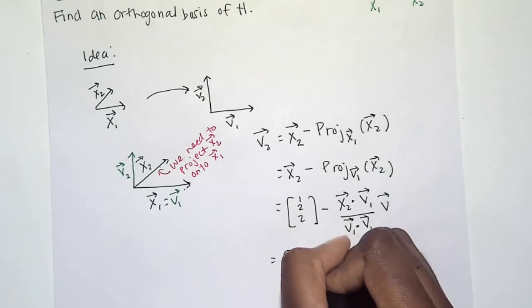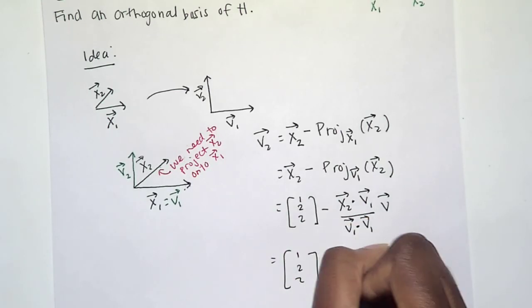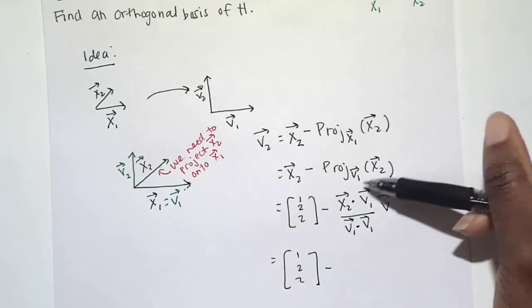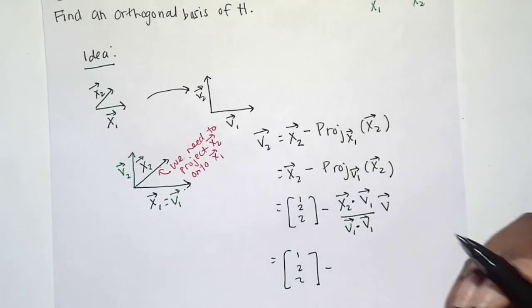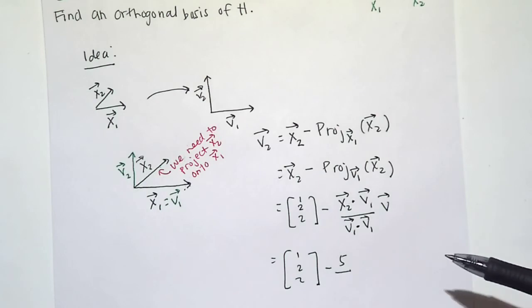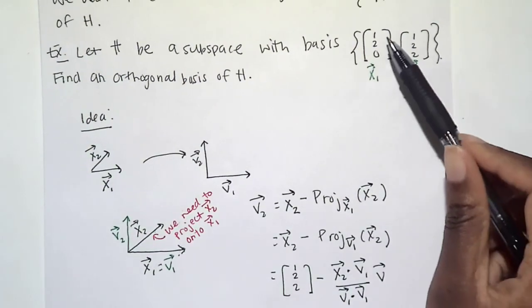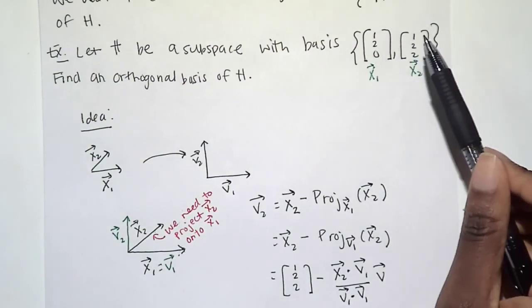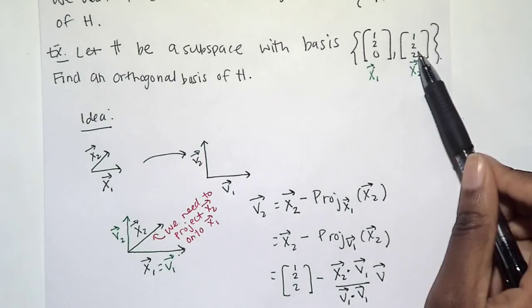All right, so we got our 1, 2, 2 minus, if we do X2 dot V1, we're going to get 5, which remember, V1 is the same as X1, so we just dot product these two.